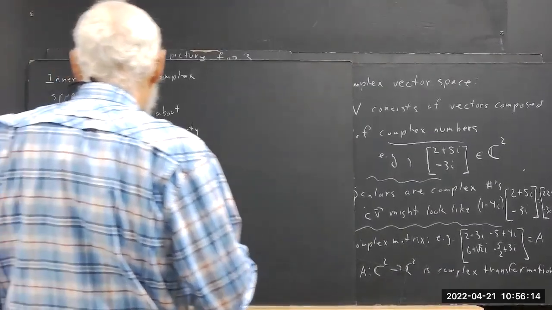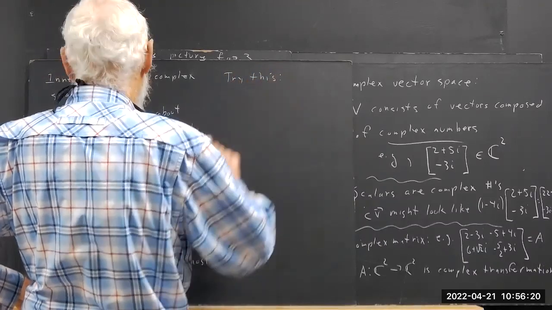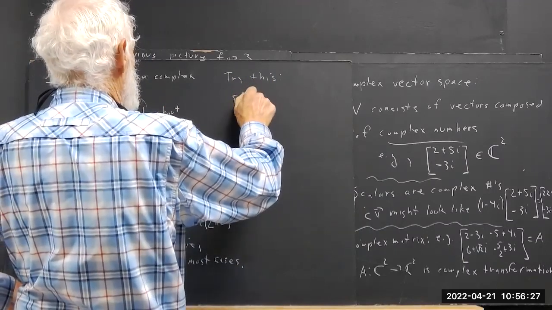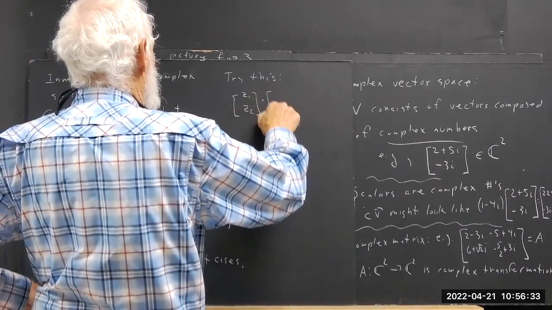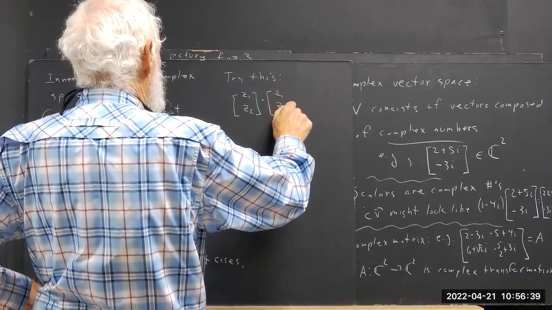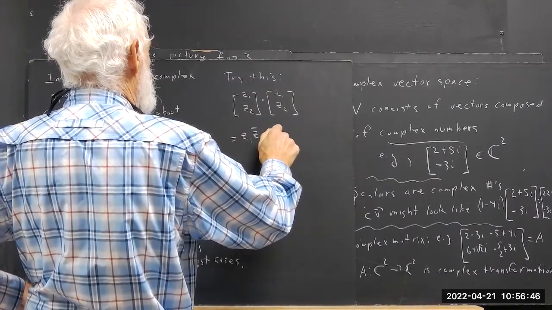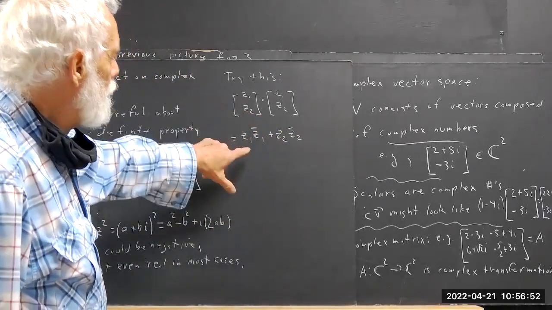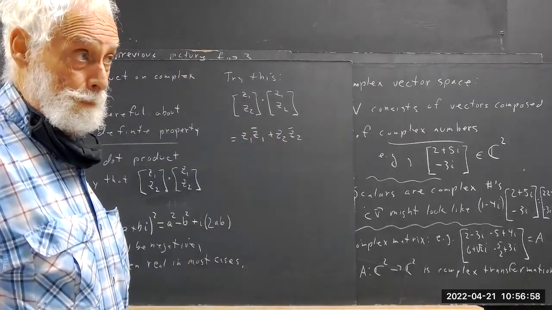Okay, so we defined this to be the product of z1, z1 bar and z2, z2 bar, the complex conjugates. Okay.